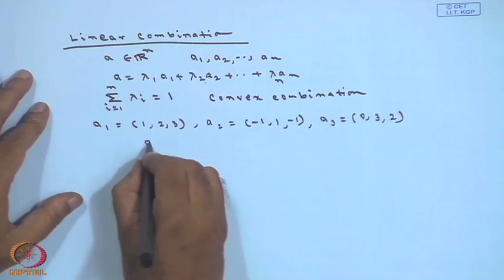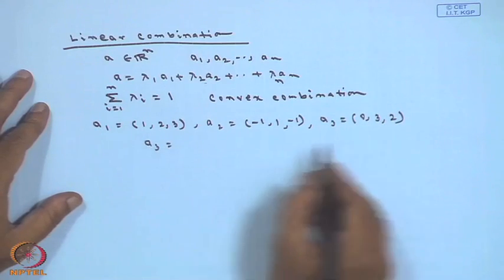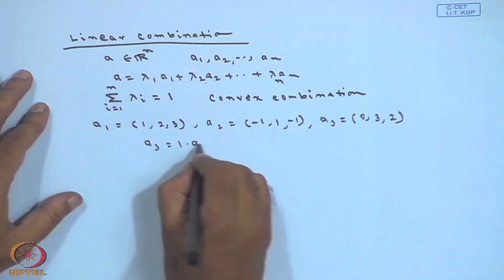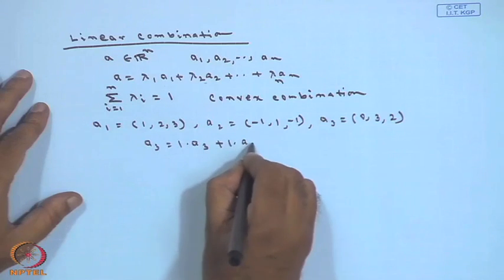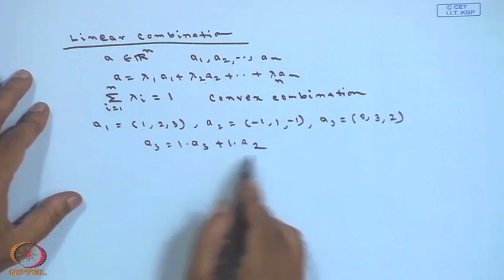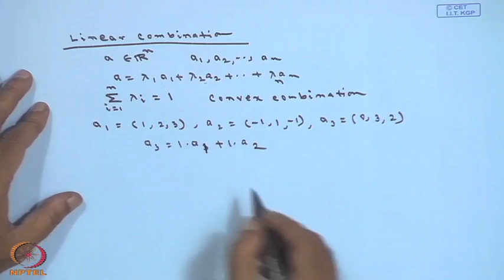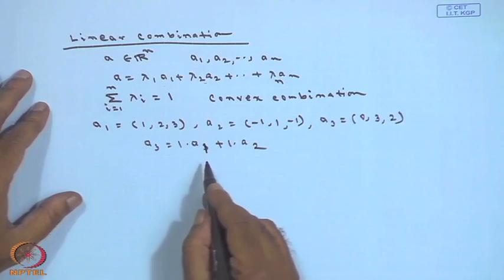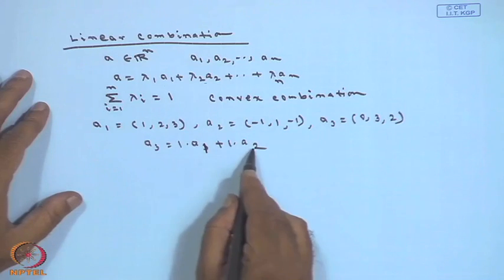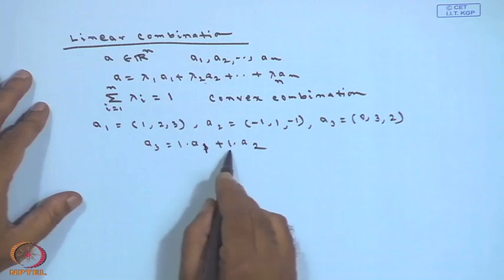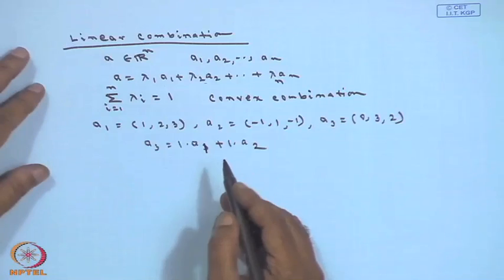I can always write a3 equals 1 into a1 plus 1 into a2, so a3 is a linear combination of a1 and a2. Here lambda 1 is 1 and lambda 2 is also 1.